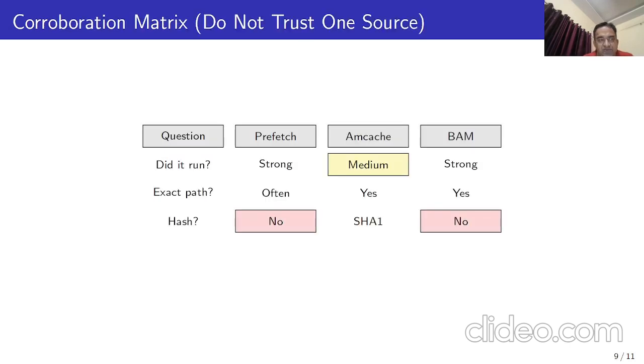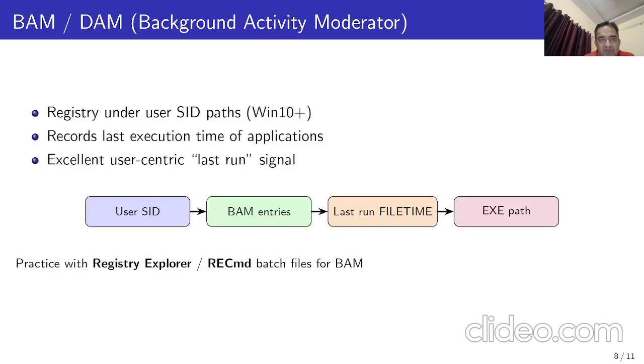Now you can observe here the three tools: PECmd, Amcache and BAM. All three are important tools. BAM, the Background Activity Moderator, stores last execution under user SID keys on modern Windows. It gives excellent user attribution. The flow of user SID, BAM entries, file time and exe path shows the logic.